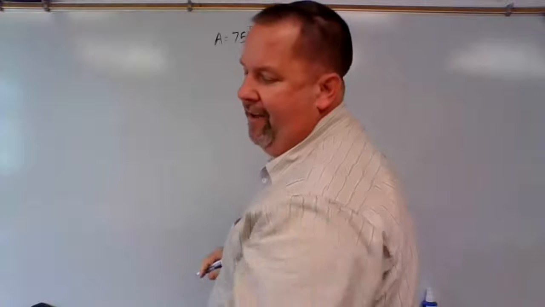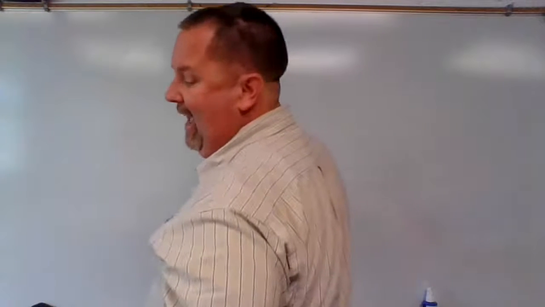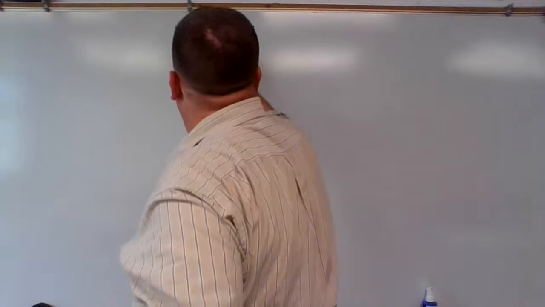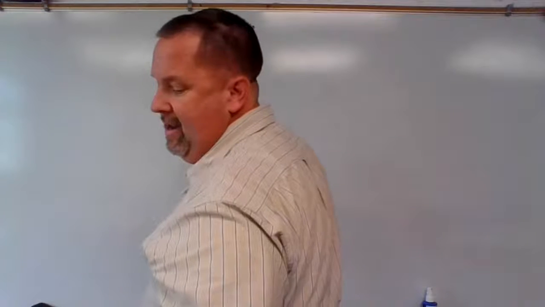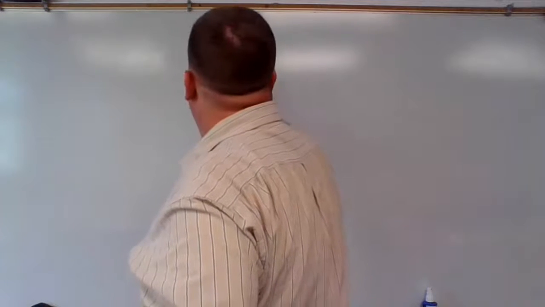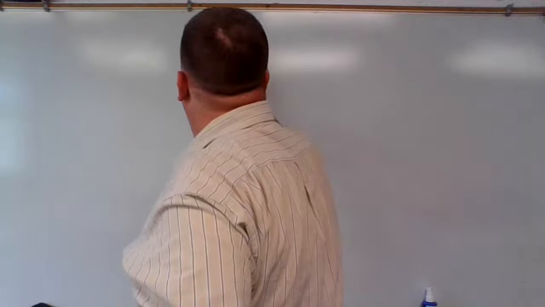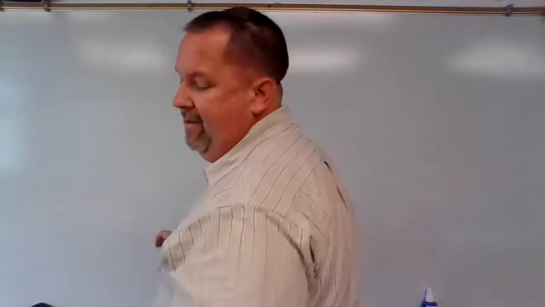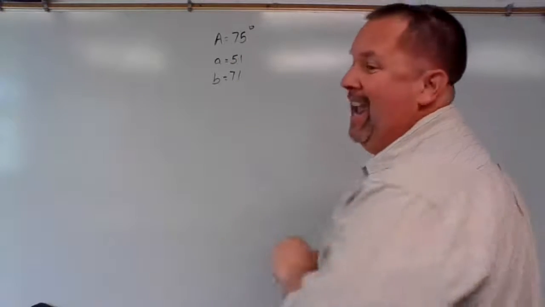Angle A is 75 degrees. Side a equals 51, and side b equals 71. They want us to solve this triangle.